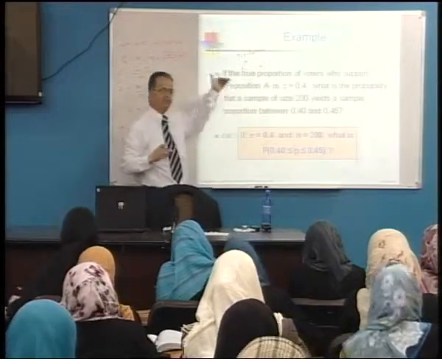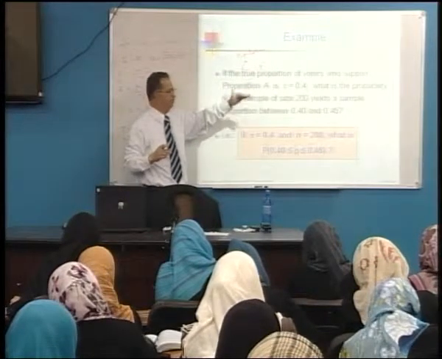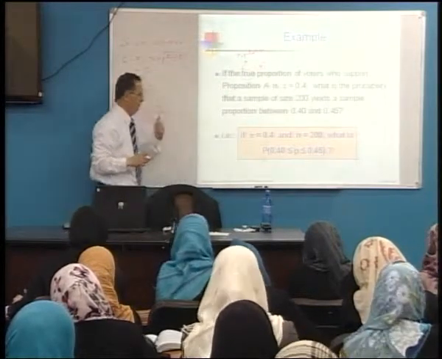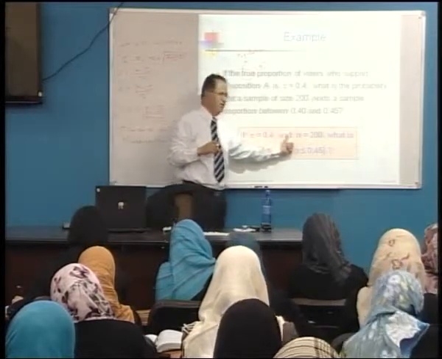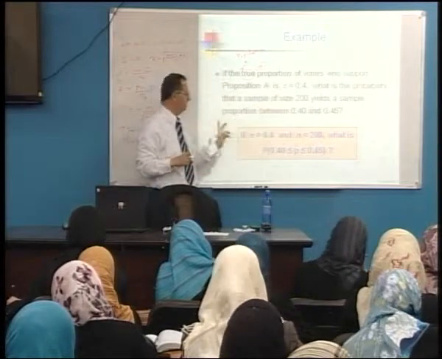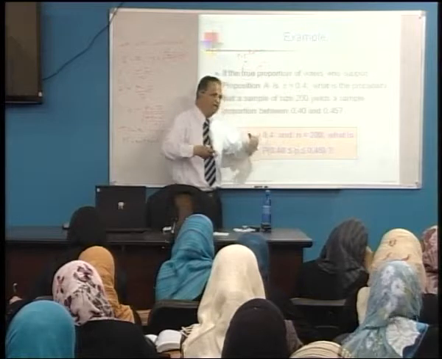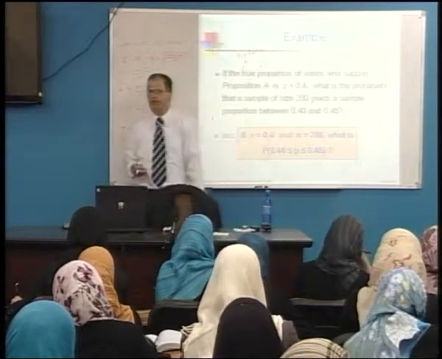So the population proportion equals 0.4, so pi is equal to 0.4. Now, if pi equals 0.4 and the sample size is 200, what's the probability that this sample proportion lies between 40 and 45%?